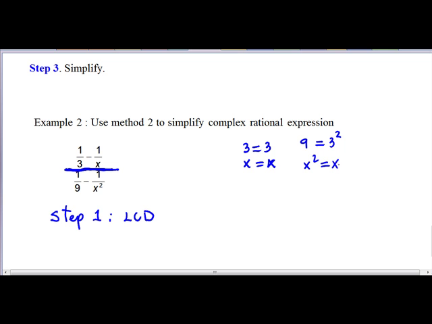I can keep it like that. So we take the unique factors, which are 3 and x, and 3 is repeated. This one here has the greatest exponent, so we pick that one. As for x, we pick the x squared. So we have 9x squared. So this is the LCD for all minor fractions.